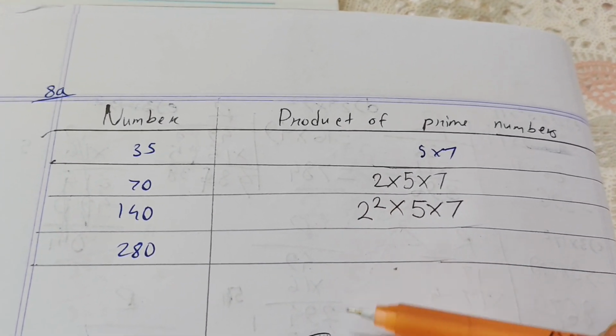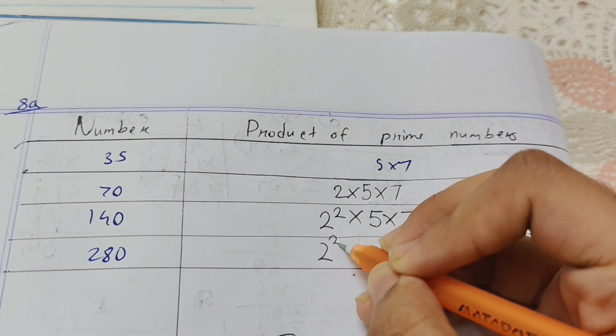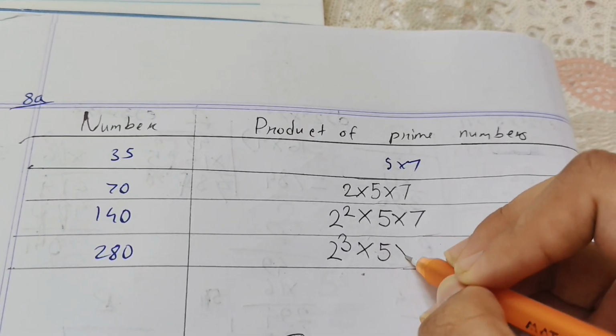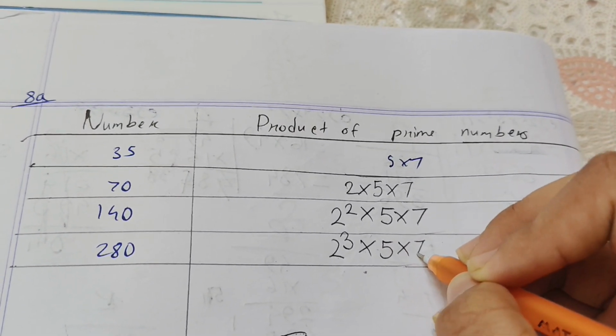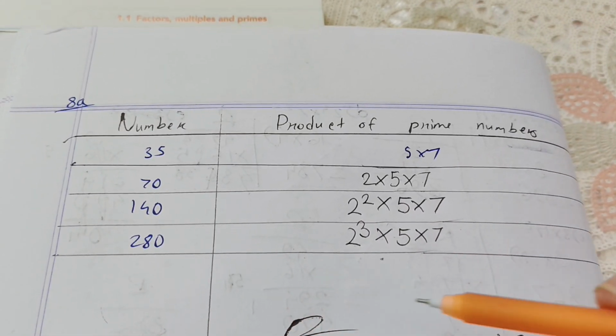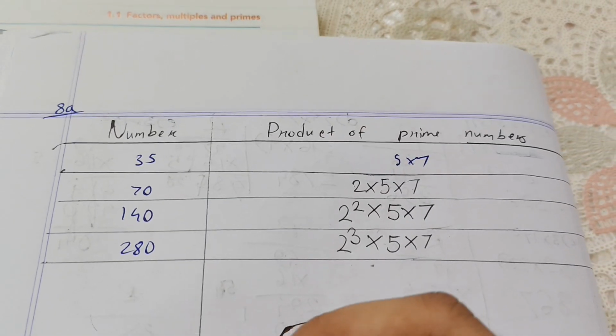So we multiply another 2. 2 cubed multiplied by 5 multiplied by 7. So I'm pretty sure that you guys could make your own rows in here, but I'll still make another one.